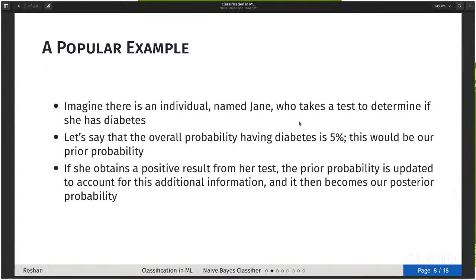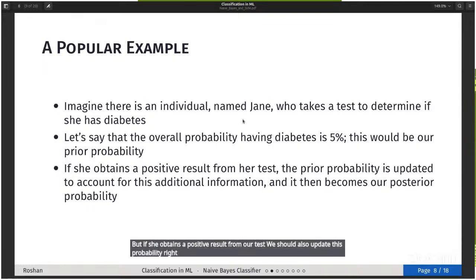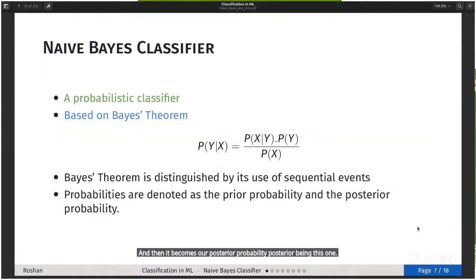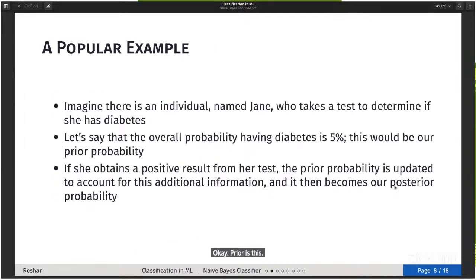But if she obtains a positive result from her test, we should also update this probability to account for this additional information. She has also gotten a positive result from this test. And then it becomes our posterior probability, posterior being this one. Prior is this.